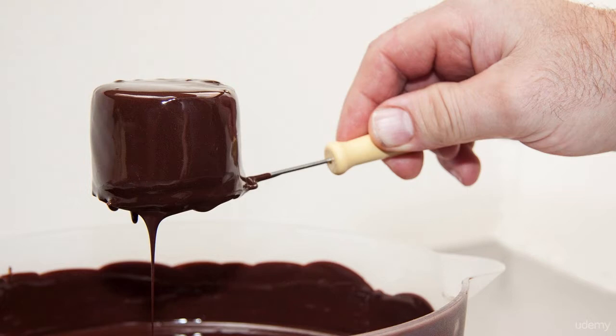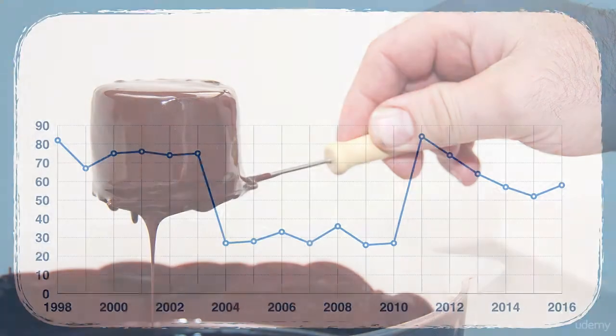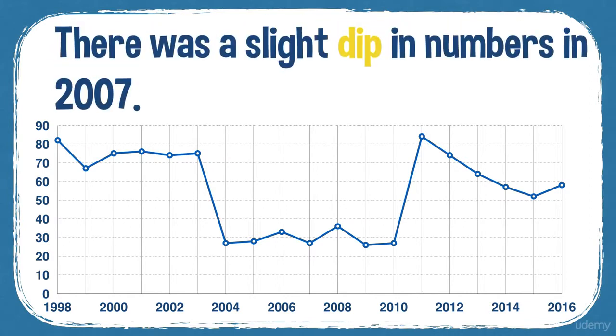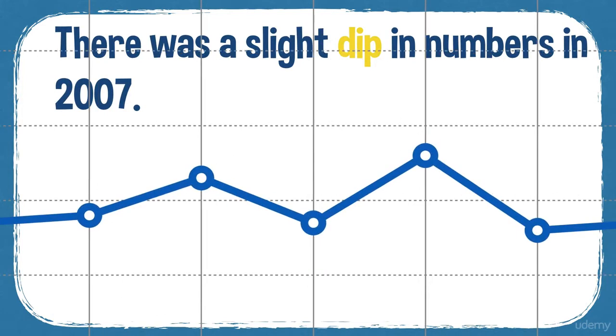So the cake was put down into the chocolate and then it came back up again. So when you dip cake in chocolate sauce, you go down and then up again. Now, can you see any dips here on the graph? Now, there is one. There was a slight dip in numbers in 2007. Not very big, just a slight dip.